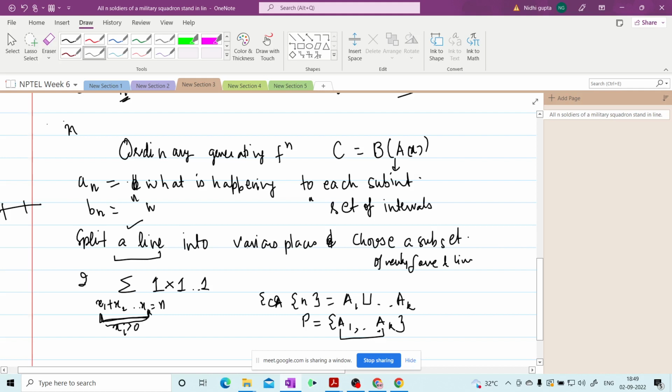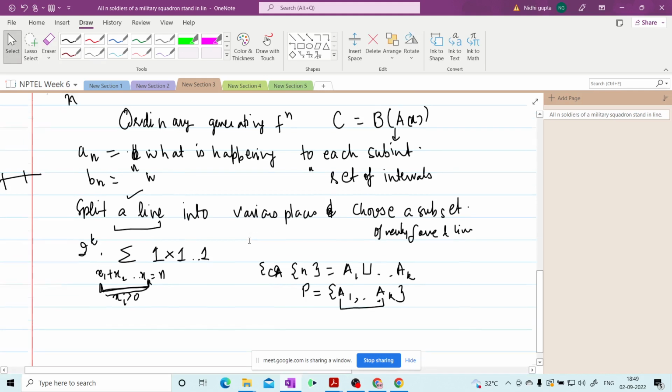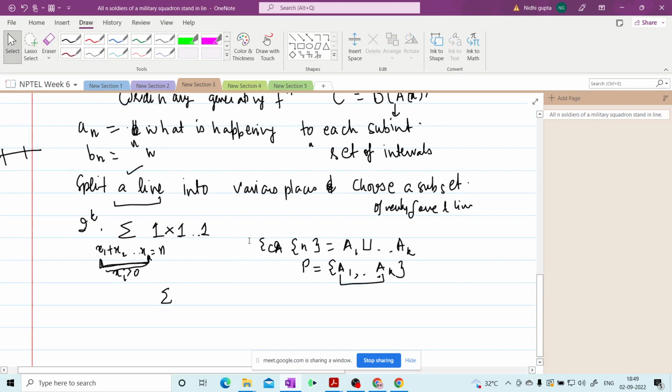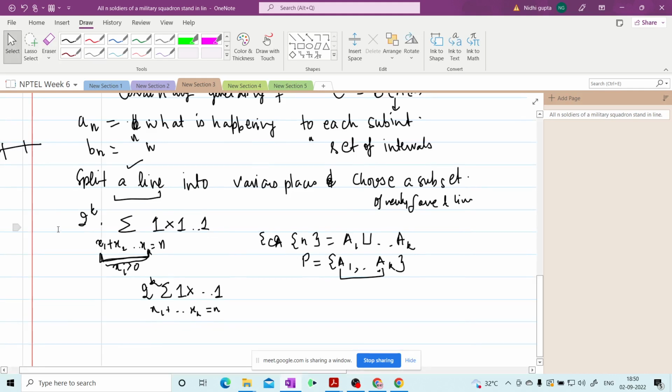Since it has k elements, the number of ways to do that is 2 raised to the power k. So basically we want to calculate this term, 2 raised to the power k, over x1 plus ... plus xk equal to n, and we see that this is the closed form expression.